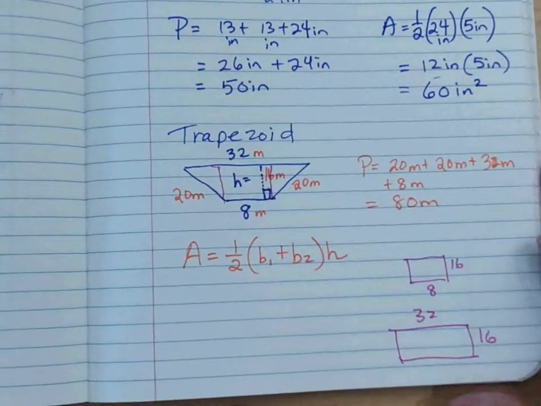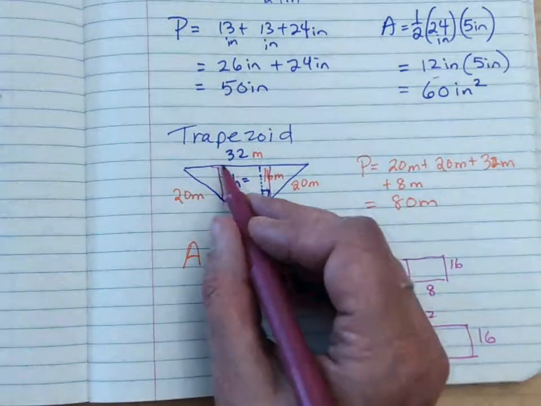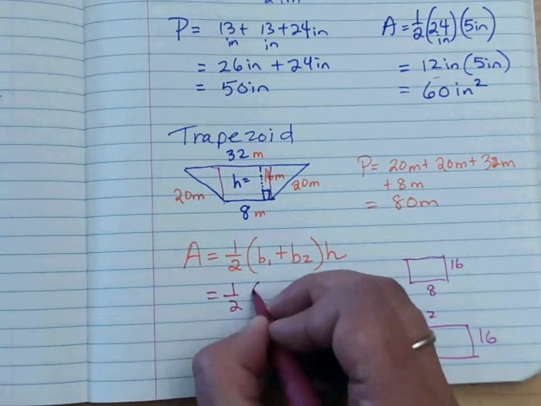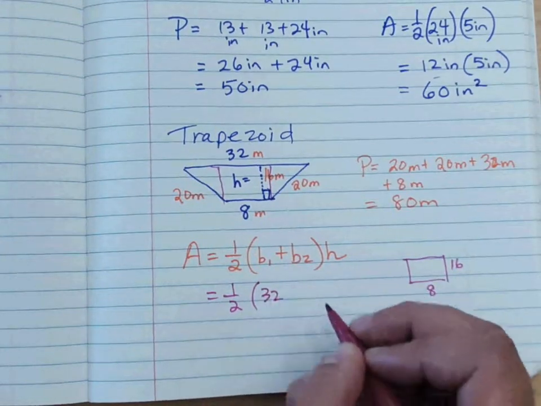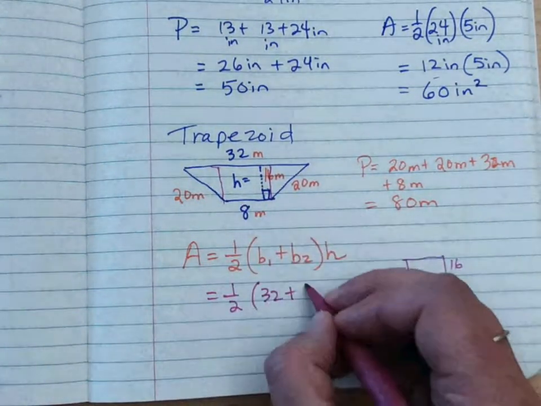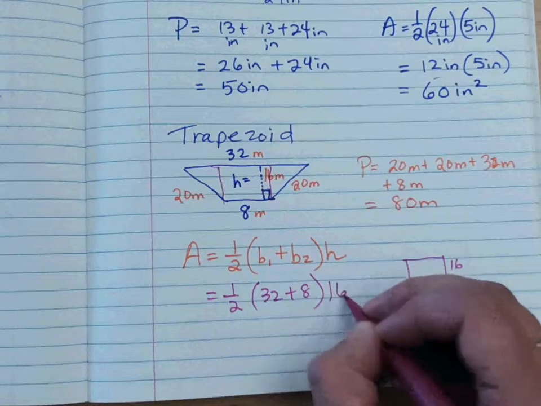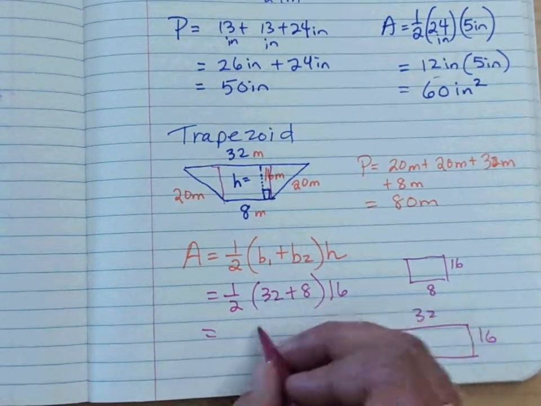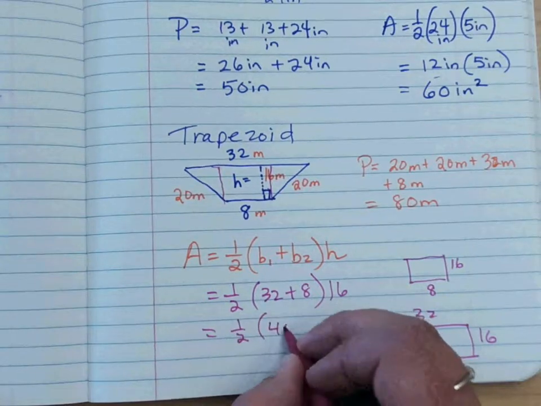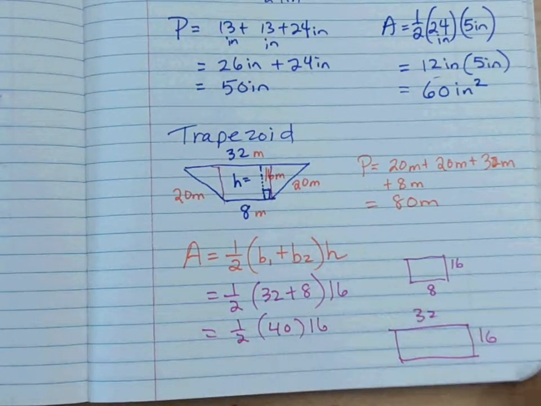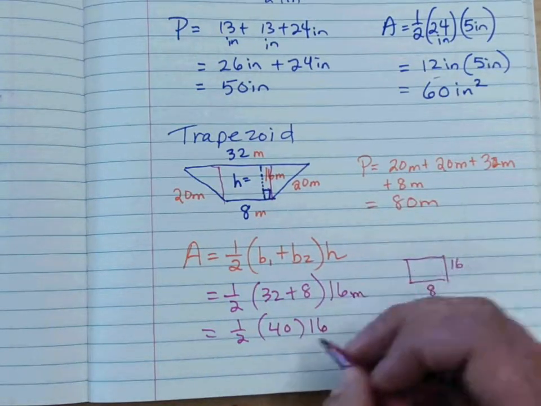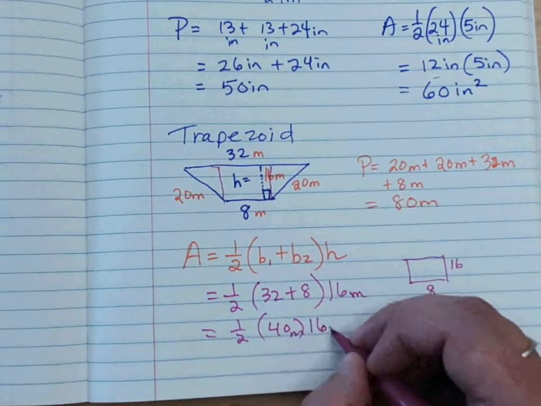But here, what I'm going to do is take base 1, which is just one of the bases. So it's going to be 1/2. Base 1 is 32. Base 2 is 8. And then we're going to be multiplying by 16. Okay, so we add these together. 1/2, 40 times 16. And sorry, I'm not putting any units on these. Meters, meters, meters.